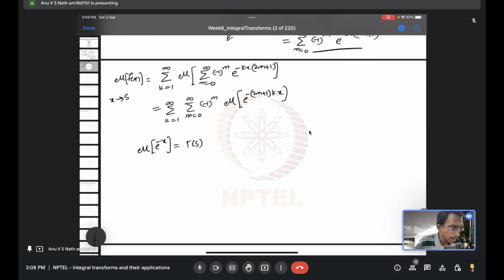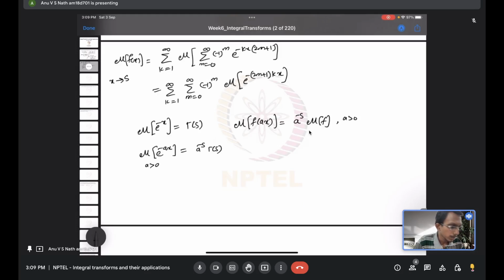And from the property of the Mellin transform of a function of ax, we know it is a raised to minus s times the Mellin transform of the function itself, for any a which is greater than 0. So if we combine the both, we find that the Mellin transform of exponential of minus ax for any positive constant a will be a raised to minus s times the Mellin transform of exponential of minus x, which is just the gamma function.